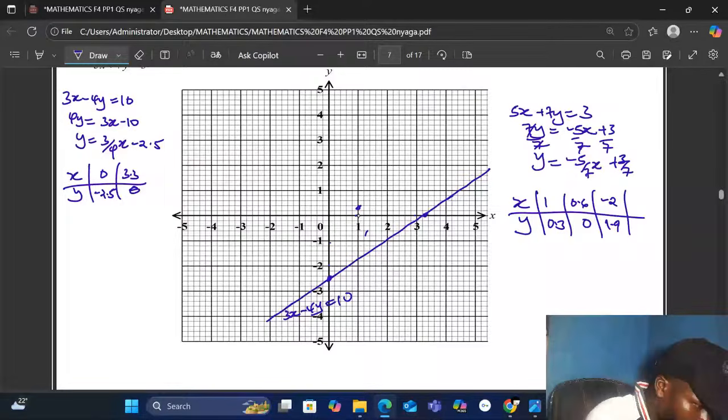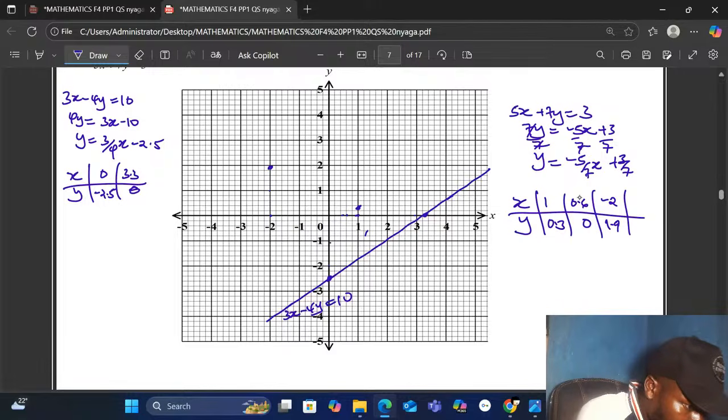So 0.6 is somewhere here. Let's use -2, 1.9. 1.9 is just here.